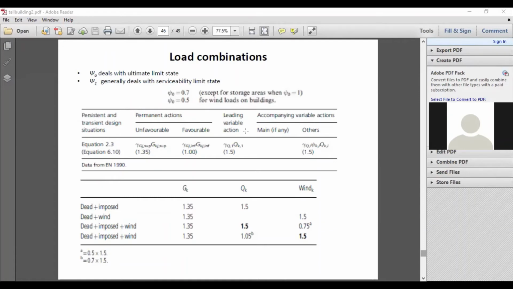So when you are looking at a load combination where you want to combine the wind load, say WK, with GK and QK, when you have WK, you have to combine it with GK and QK. We have to consider the different load combinations that can be possible.